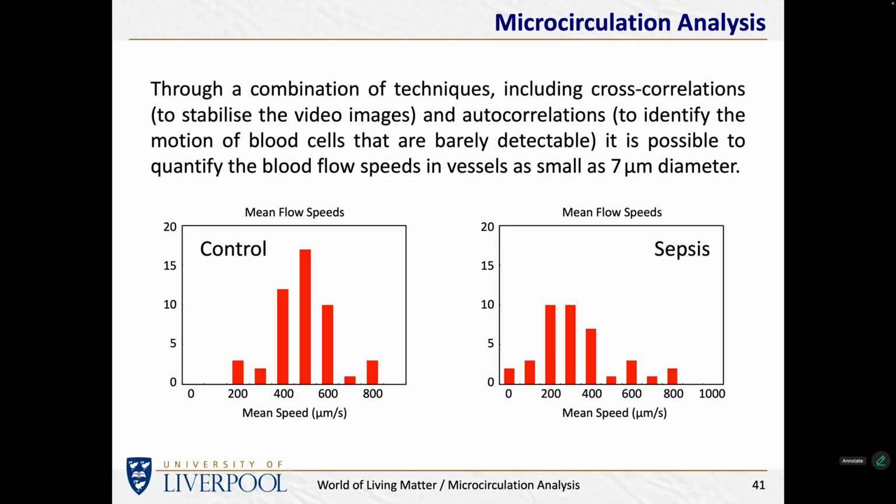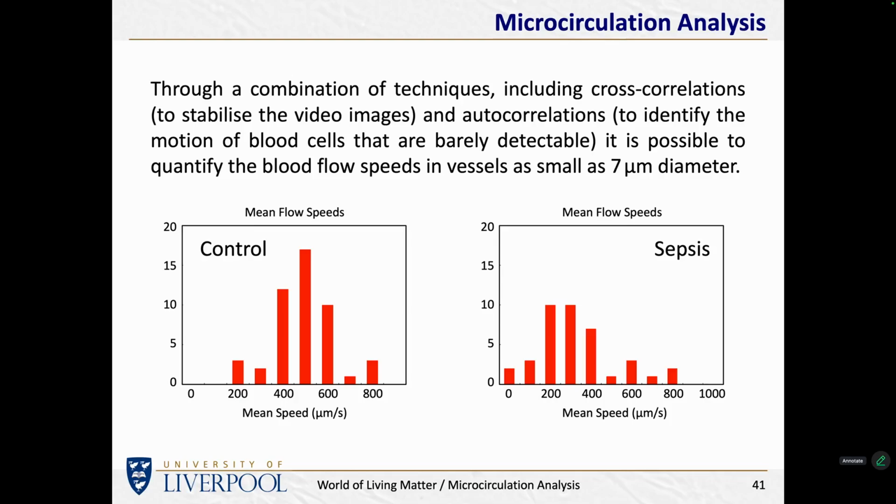Obviously, there's a little bit of spread there, but in general, it's bunched around that particular point. Whereas if we analyze videos from patients with sepsis, notice that although in some cases there's still some blood flow, there's an awful lot at the lower end of the speed of blood cell motion through the capillaries. And the further over to the left this distribution is, the more severe the sepsis.